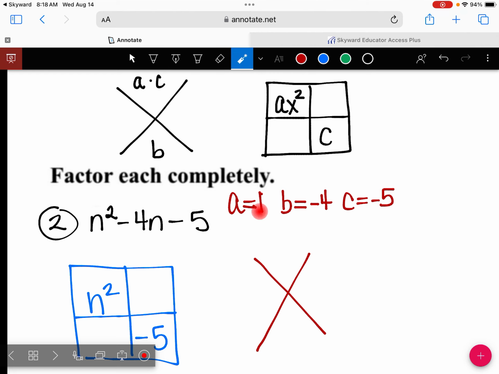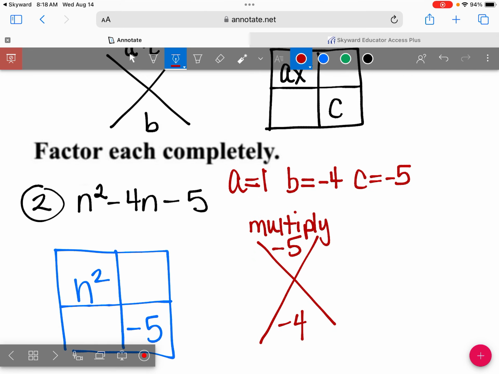So you have to multiply 1 times -5, and you put that right here. So 1 times -5 is -5. B is -4. So don't say it out loud, but we need to figure out two numbers that multiply to -5 but add to -4.